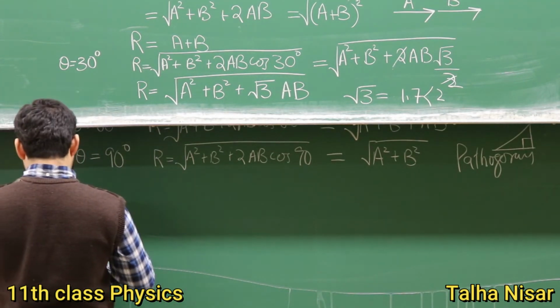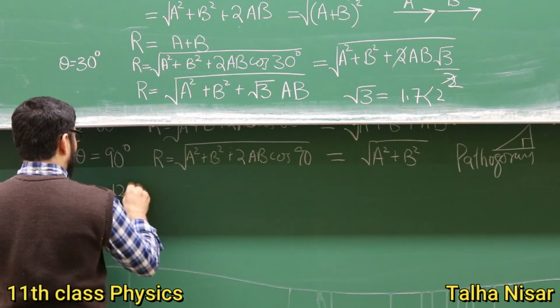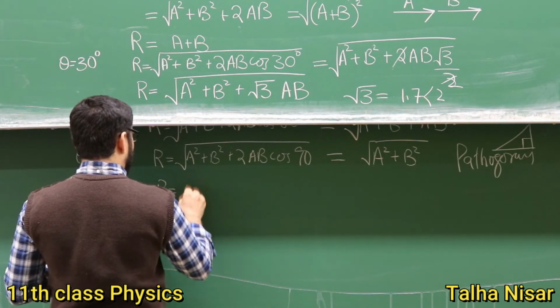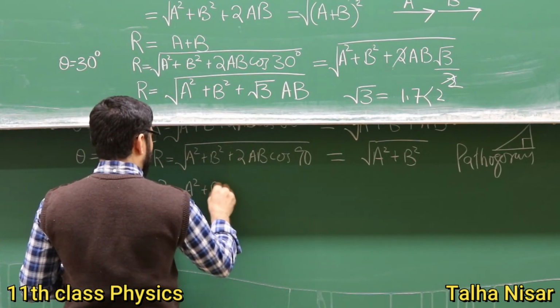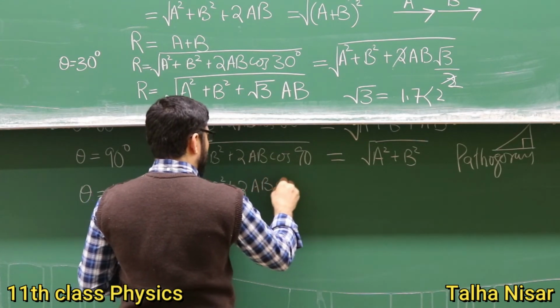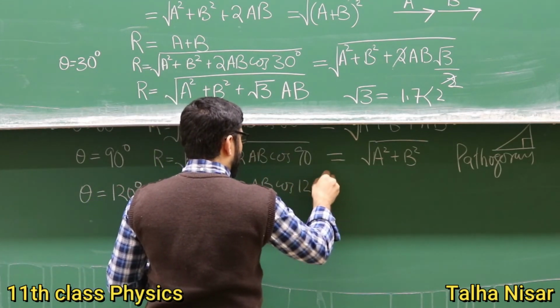And now we use the angle 120 degrees. R equals the square root of a squared plus b squared plus 2ab cos 120 degrees.